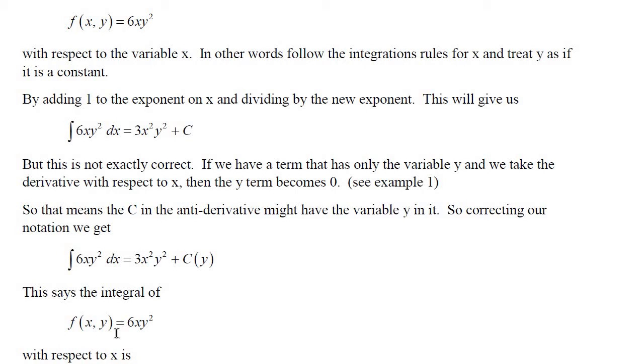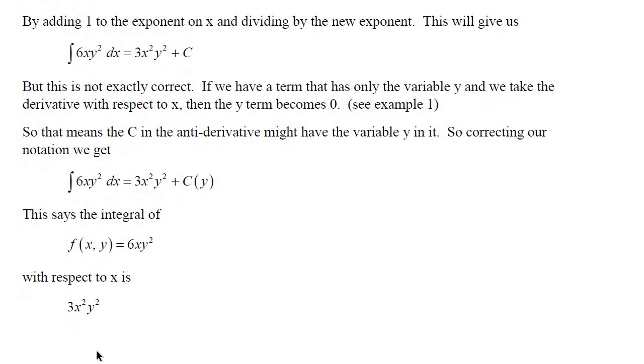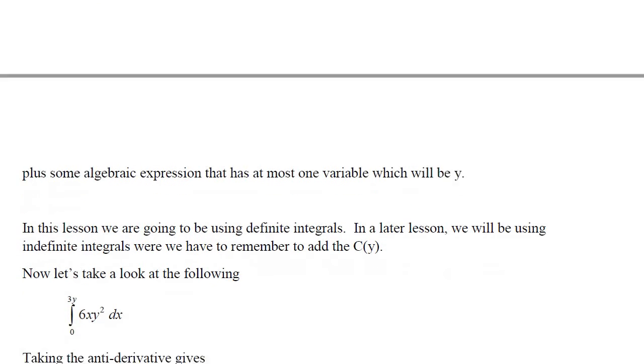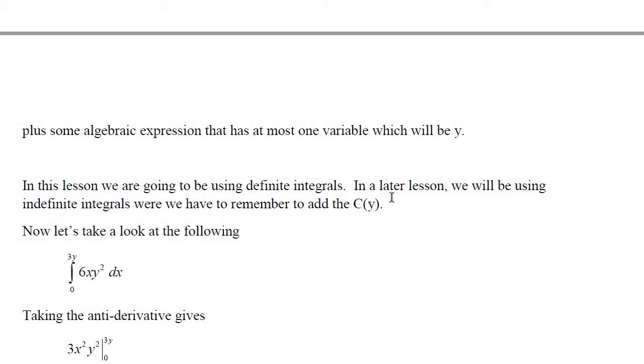So that says the integral of 6xy squared is going to be 3x squared y squared and then plus some algebraic expression that will have at most one variable in it, and that's going to be y. We're going to use the notation c of y for that. Now, for the rest of this lesson, we are going to be doing definite integrals, and we're not going to be worried about adding this plus c of y at the end of it.